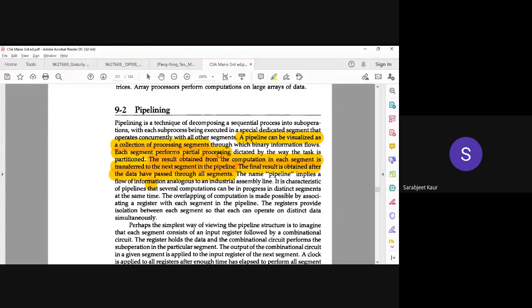So at each of these stages that you see, each of these tasks can be seen as a segment. They are called a segment. And they are being performed in parallel. So up till here you can see that in the three stages, three different cars are being serviced at different stages, right?